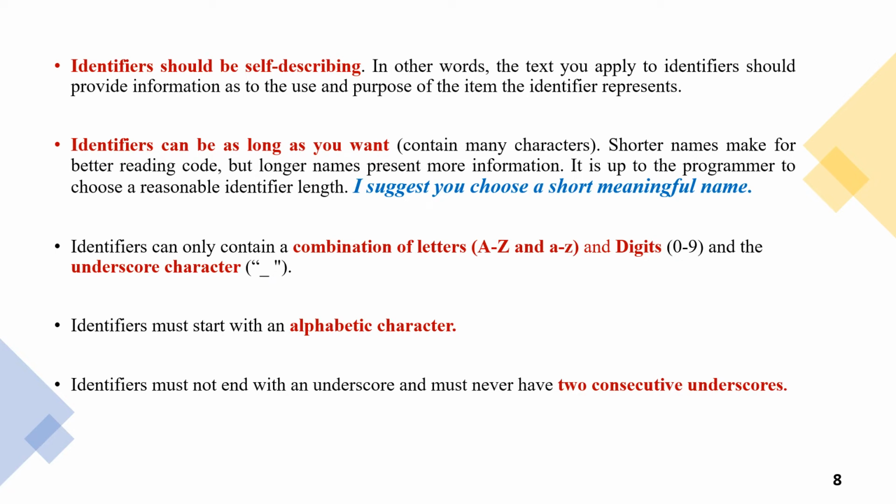An identifier can only contain a combination of the letters A to Z, digits 0 to 9, and underscore. An identifier must start with an alphabetic character. Identifiers must not end with an underscore and must never have two consecutive underscores.